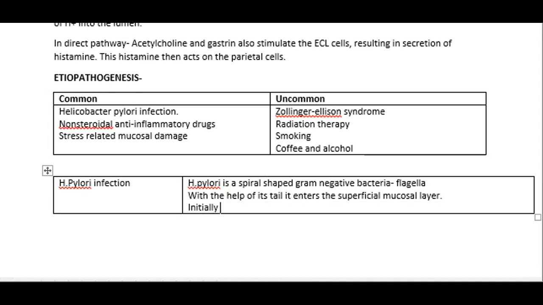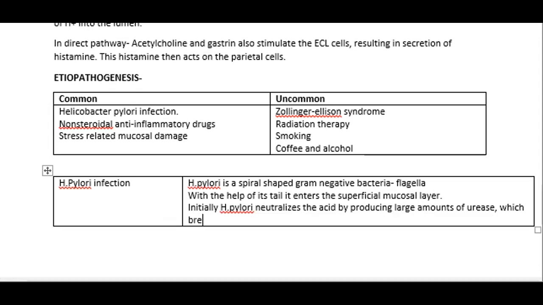Initially, H. pylori neutralizes the acid by producing large amounts of urease, and this urease breaks the urea present in the stomach into carbon dioxide and ammonia.